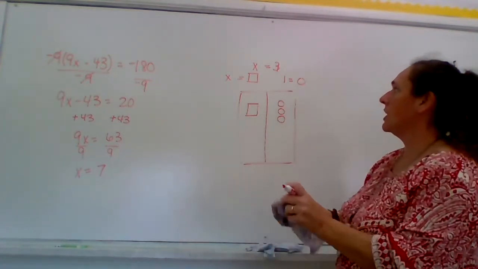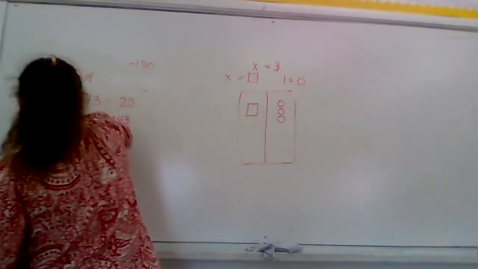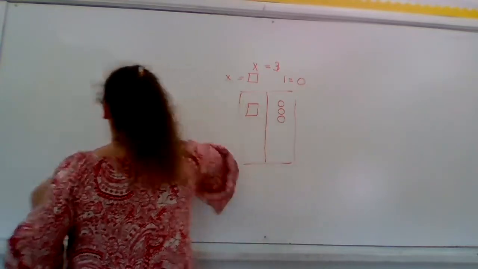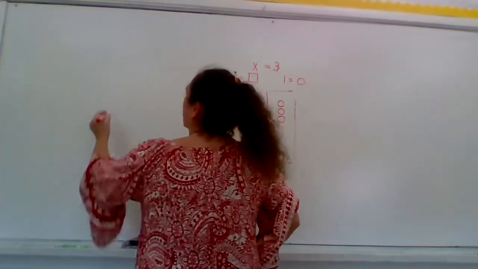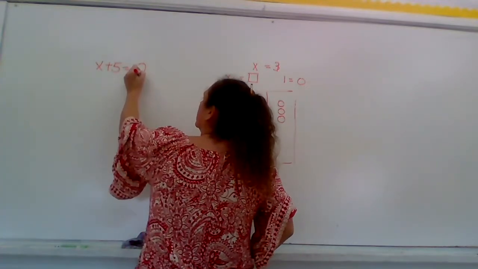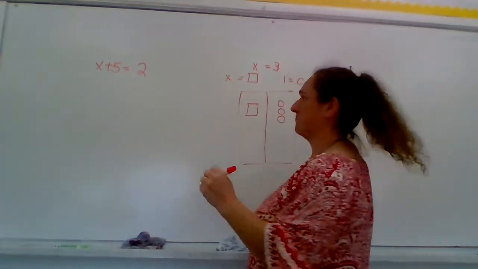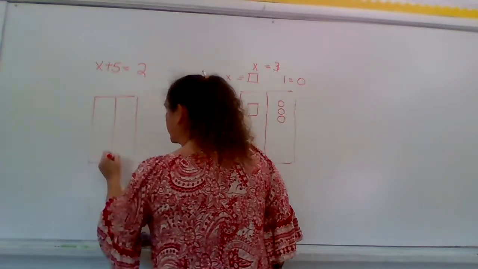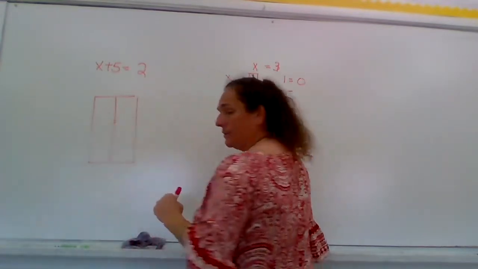Now, let's look at another. Let's say I have something like x plus 5 equals 2, okay? So again, here's my paper. There's my equal part.